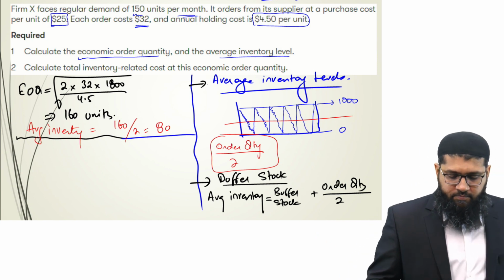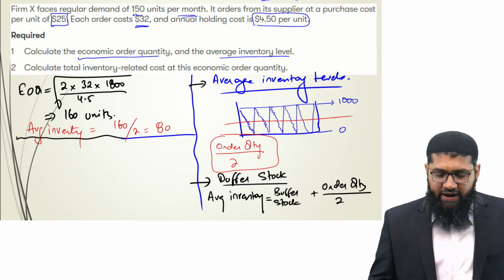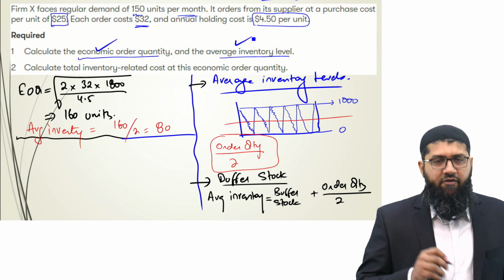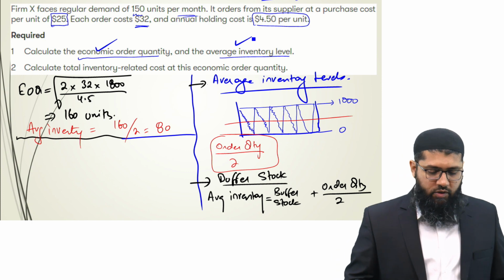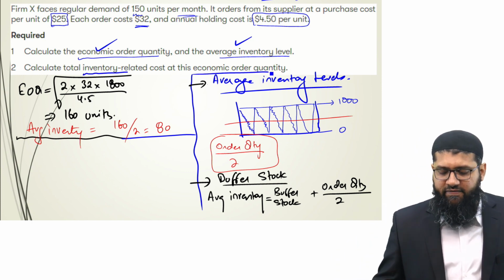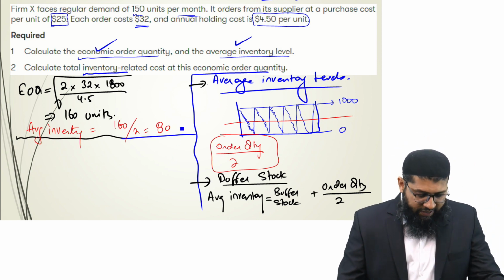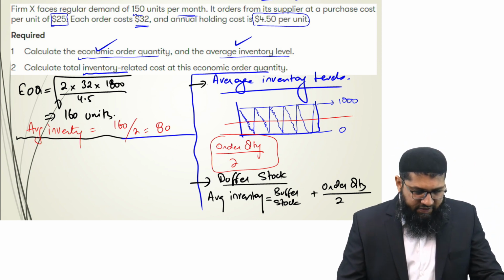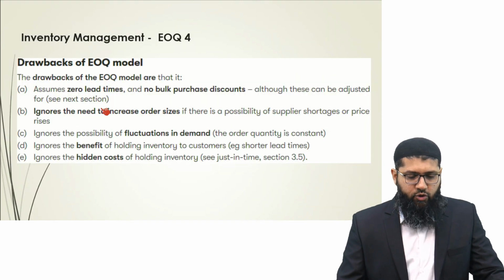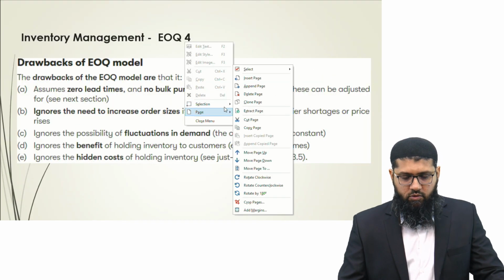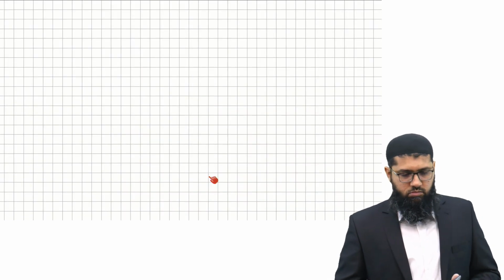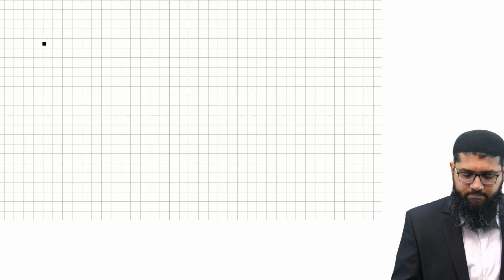So here the examiner had a requirement: calculate economic order quantity, we are done with it. Average inventory level, we are done with that also. Now he says calculate total inventory related cost at this EOQ. I'm going to guide you through how you would calculate the total inventory cost.